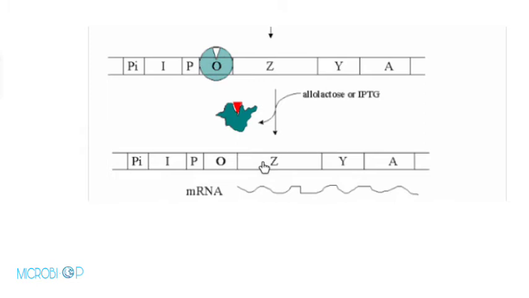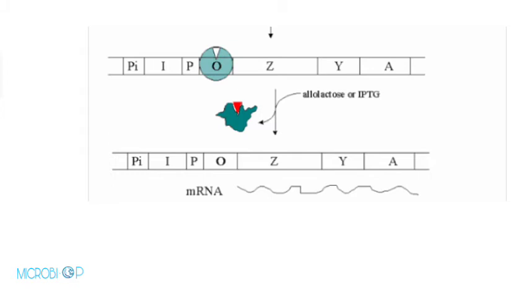We cannot differentiate with our eyes whether beta D galactosidase has been produced or whether it has cleaved lactose or not. By our eyes, we don't have any visible proof.